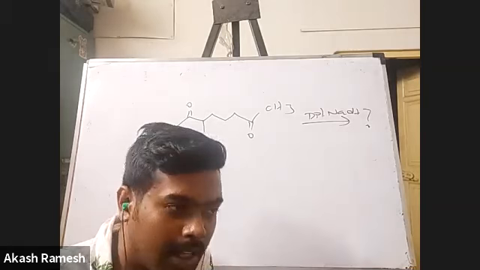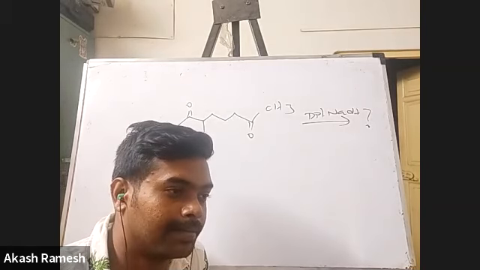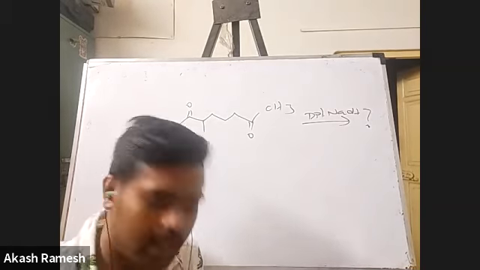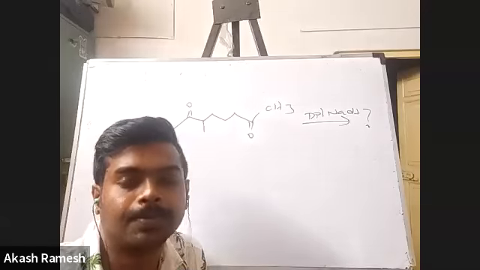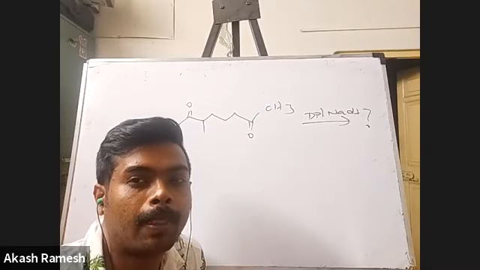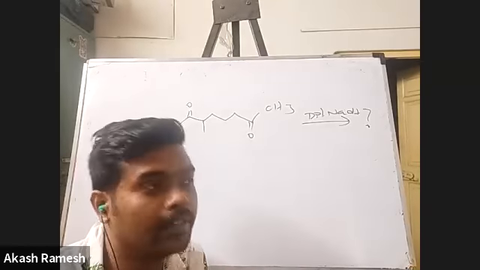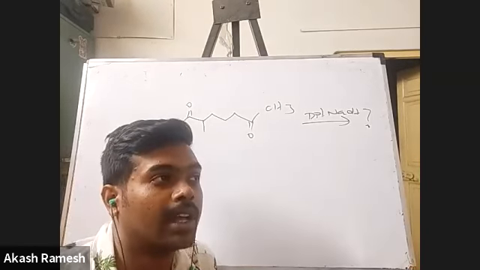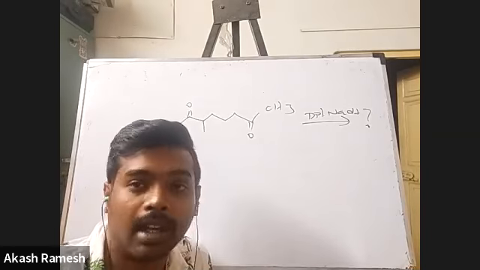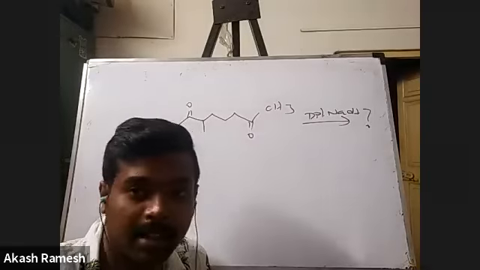There are just 2 points you have to remember. We have to consider the less substituted carbon, which has the alpha hydrogen. Okay, that makes sense. We have to get the H plus from the less substituted carbon. Any other point?